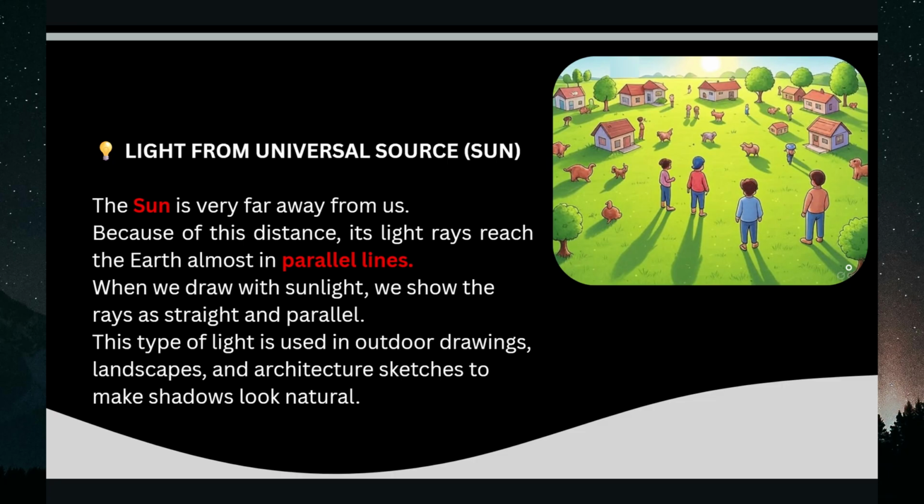Because of this distance, its light rays reach the earth almost in parallel lines. When we draw sunlight, we show the rays as straight and parallel. This type of light is used in outdoor drawings, landscapes, and architectural sketches to make shadows look natural, right?